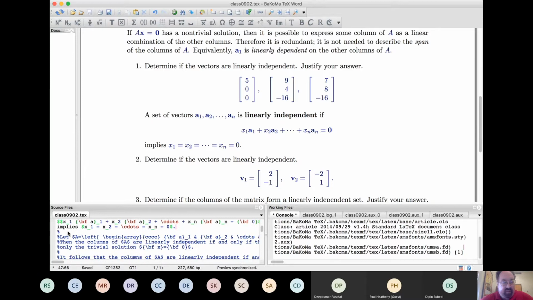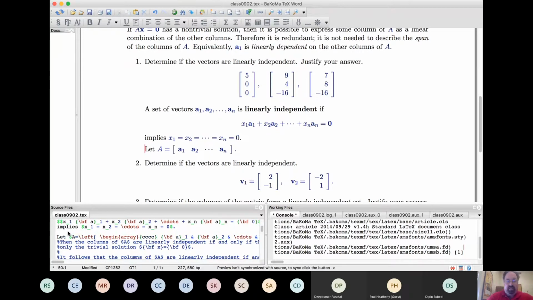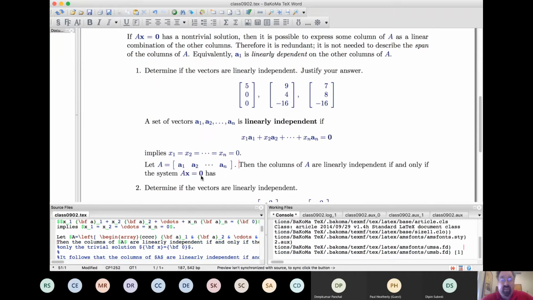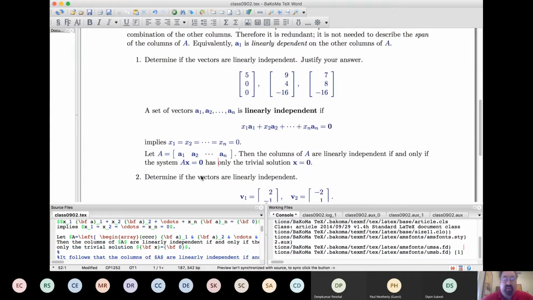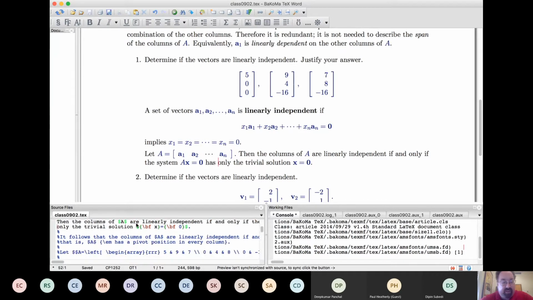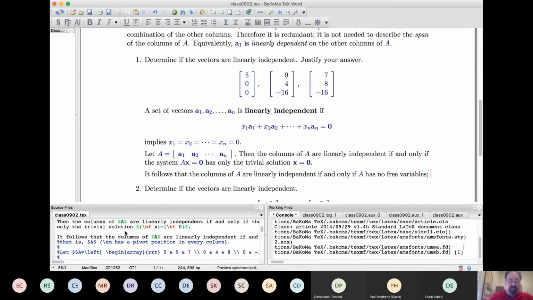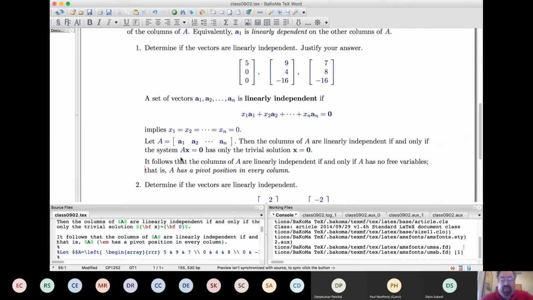All right. So if I have all of those columns put in a matrix, like I did earlier, then if this system has only the trivial solution, then the columns are linearly independent. So that gives us a way to tell if a given set of vectors is linearly independent.